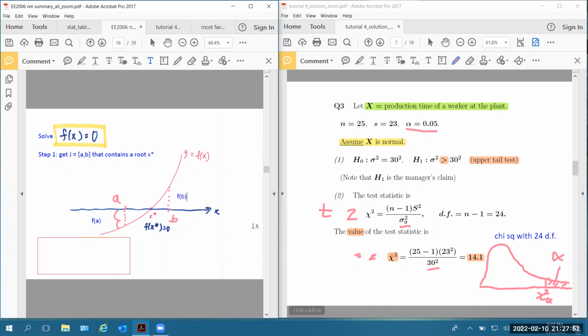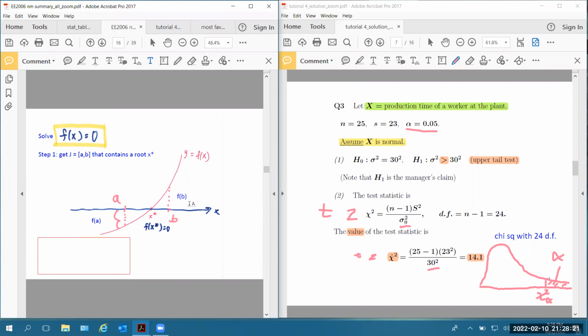And then what we can see, it's quite clear from the diagram: is your f(A) positive or negative? Negative, because it's below the x-axis, right? So f(A) is negative. Your f(B), what sign?